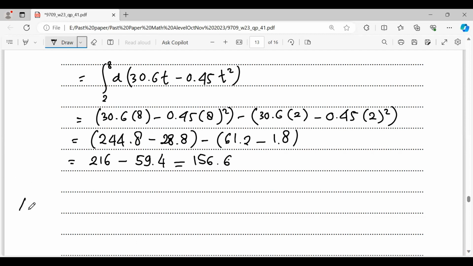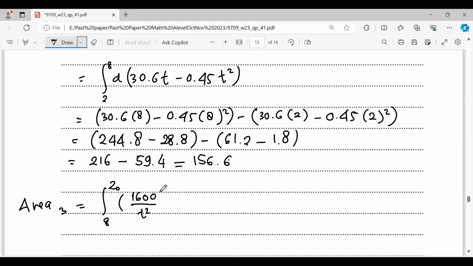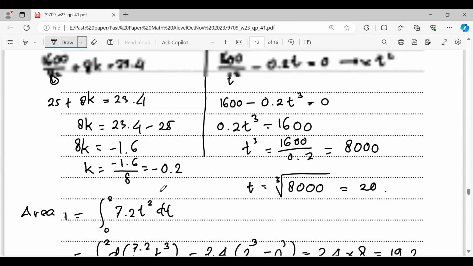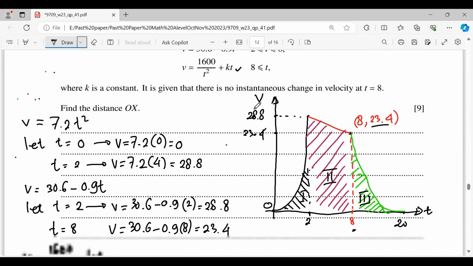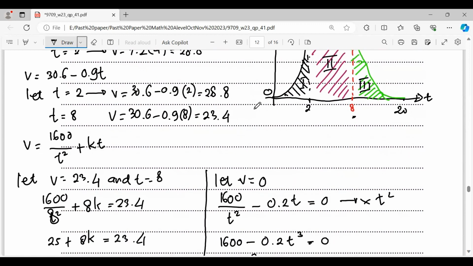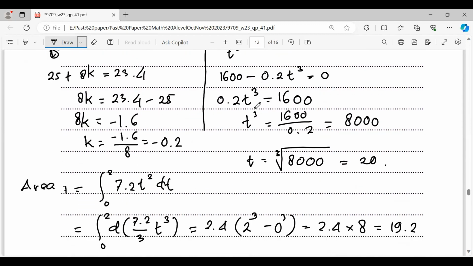Next, the third area, from 8 to 20. The function is 1600 over t squared. Wait, I forgot, plus kt, yeah, plus kt, and k equals minus 0.2.